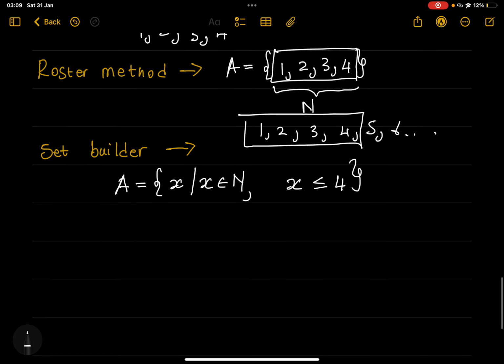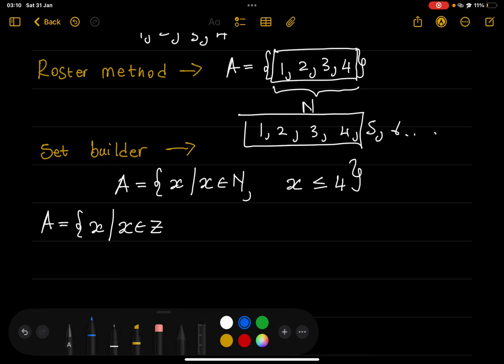But someone will write it differently. Someone will write it like this: set A equals X such that X is an element of integers, because integers are numbers like this.